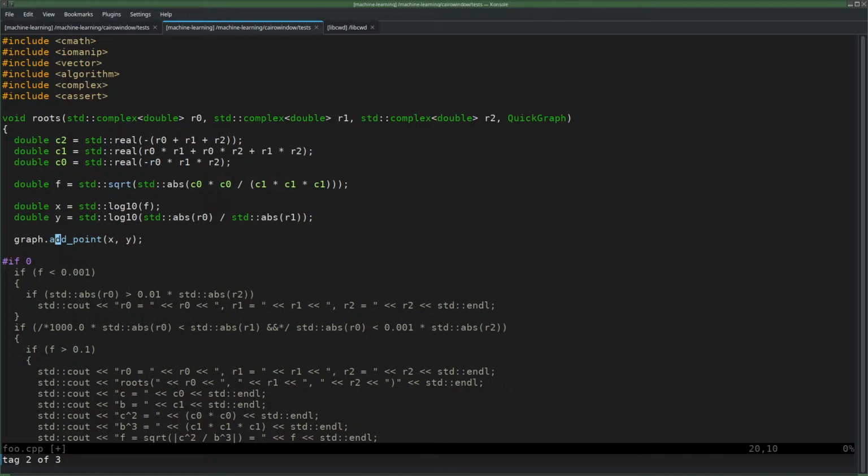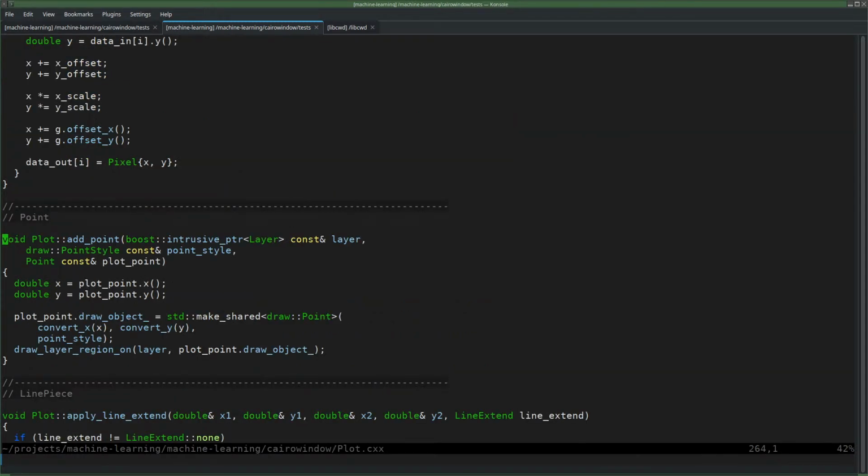That is non-const. That just passes the thing by reference. Graph. And I want a certain point style. That was, yeah, and I forgot it again, of course. Is that not Cairo window?